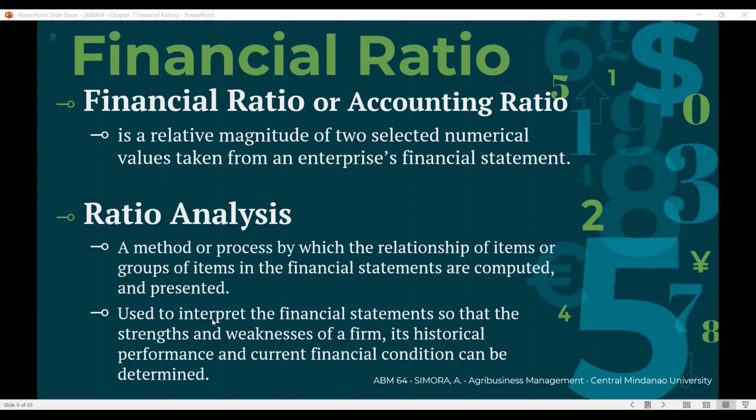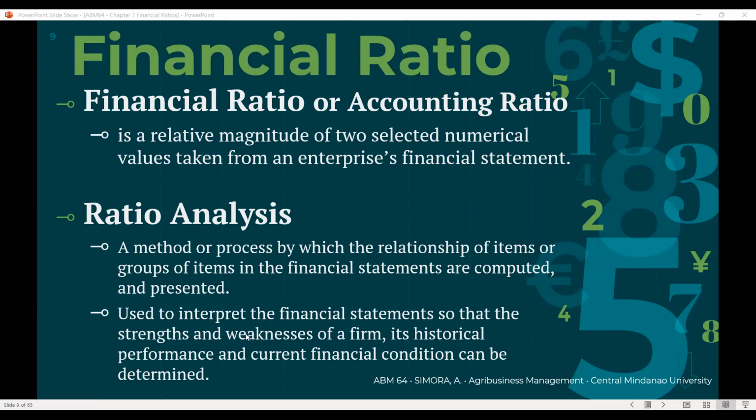It is used to interpret the financial statement so that the strengths and weaknesses of a firm, its historical performance, and current financial condition can be determined. So, at the end, good as you are going to prepare a report based on your financial statement. So we can really interpret our statement based on the ratio analysis.